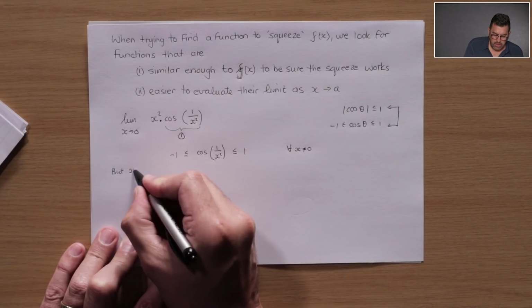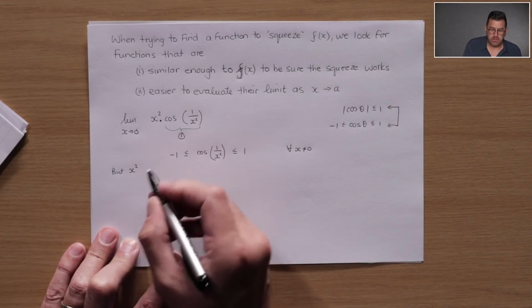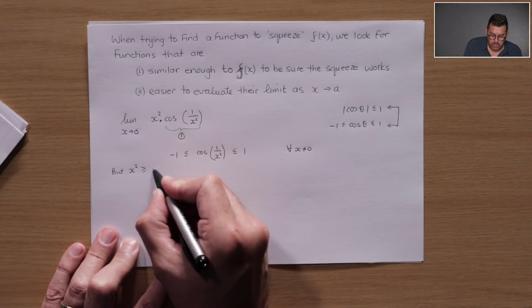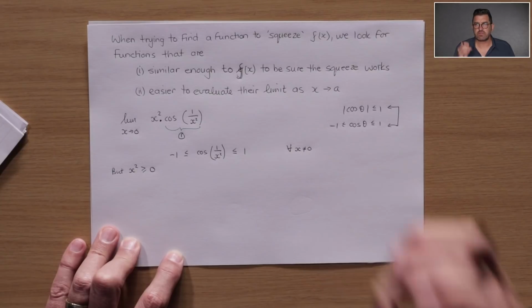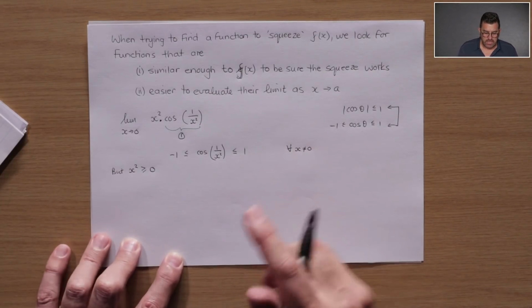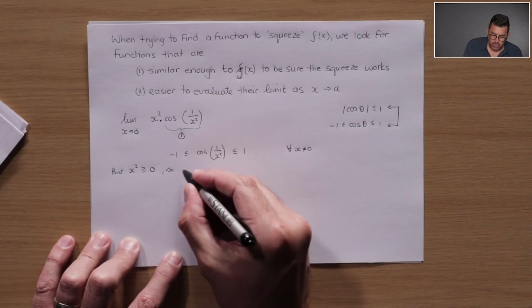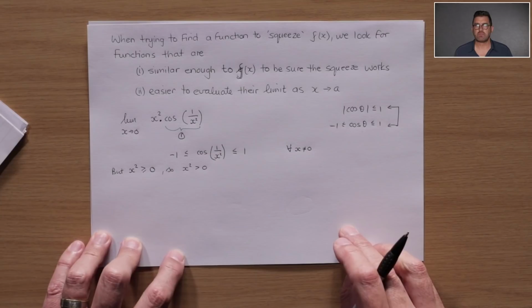Well, at school, I learned that anything that is squared is always bigger than or equal to 0. It's a positive number. If we're excluding x equals 0, then we know that x squared will be strictly positive. It won't become 0, and it won't become negative.